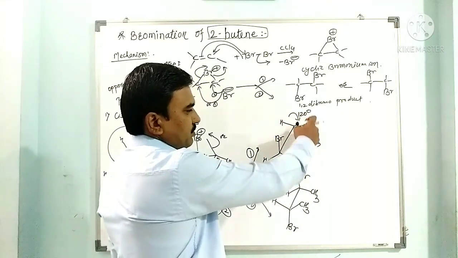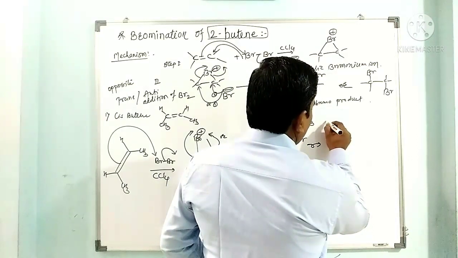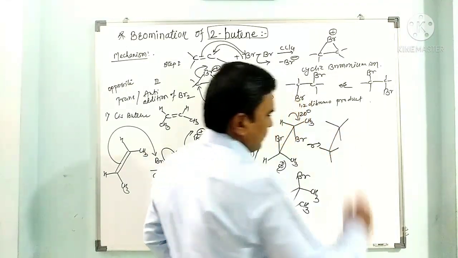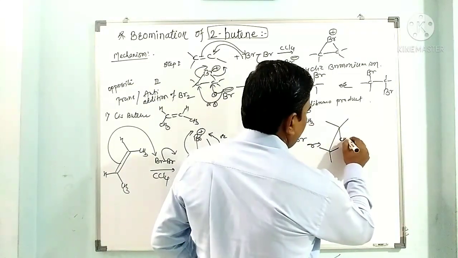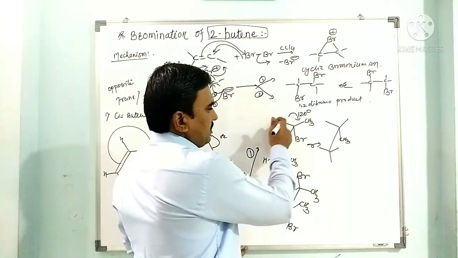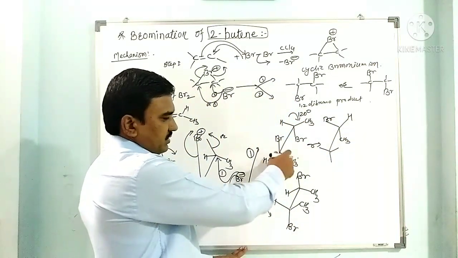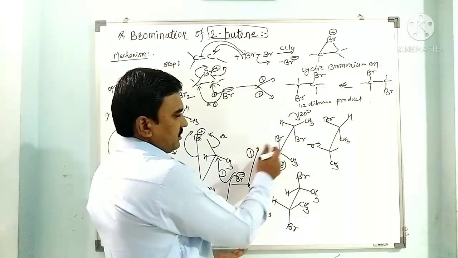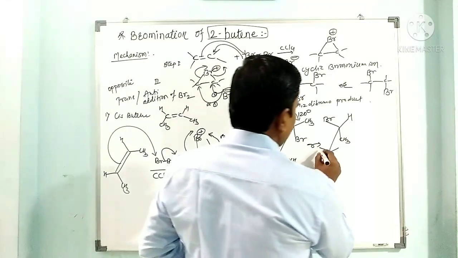When we are rotating, this methyl comes here, this bromine goes here, and this hydrogen comes to the next position. So we are having this kind of orientation. Here this CH3, Br, H, Br, H. Now this CH3 is down. Here there is an H and Br, because when CH3 comes here, H goes up and this Br goes up this side.